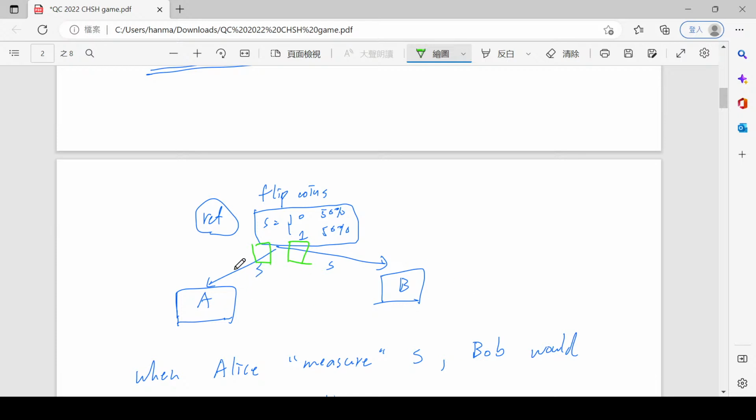Alice can open her envelope and see that the referee's coin result was 0. Then she knows Bob also has a 0 in his envelope. And if Alice sees a 1 on her envelope, then she knows Bob also has a 1.